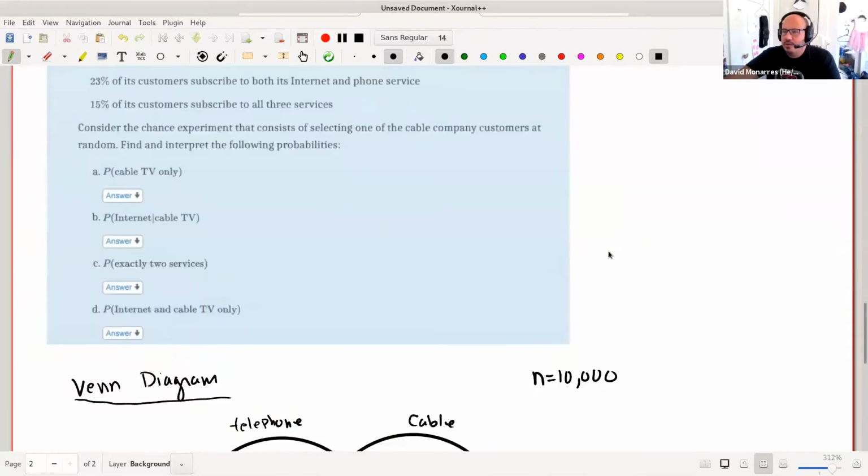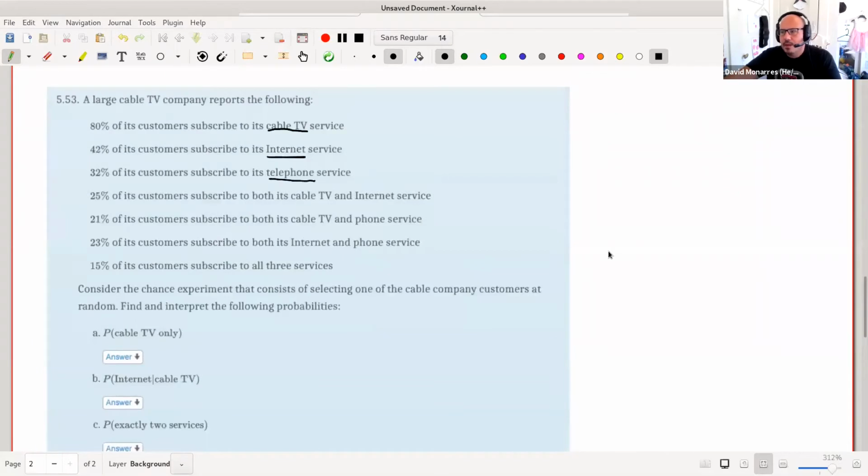So now let's go back to the problem. And let's give some labels for each of these just so that we don't have to write everything.